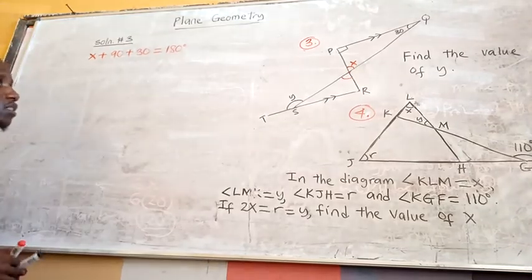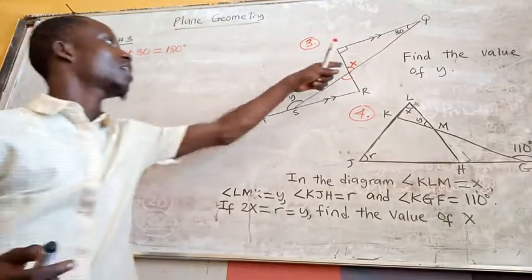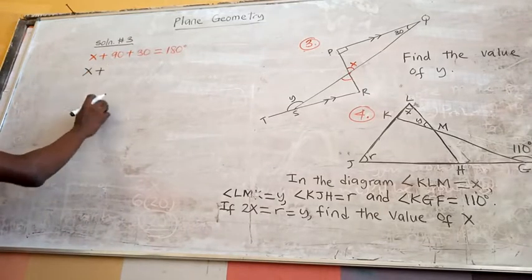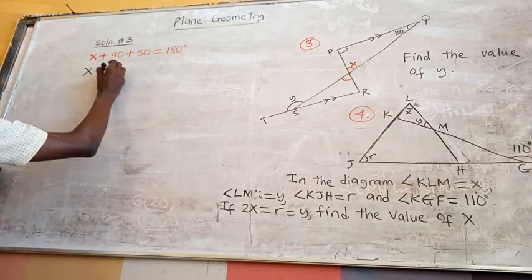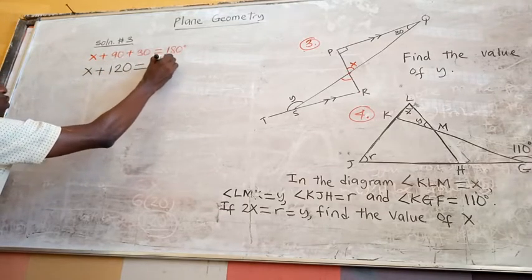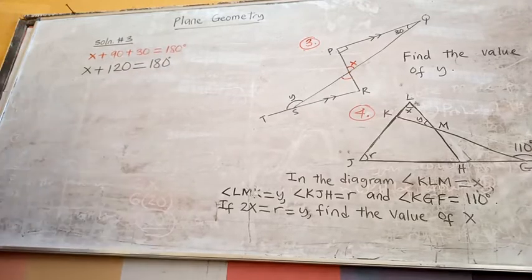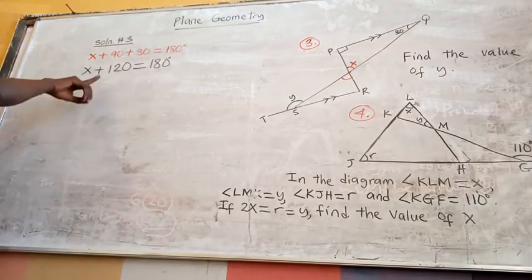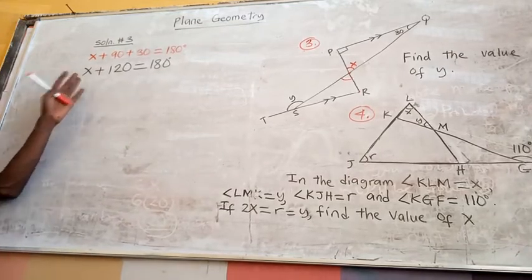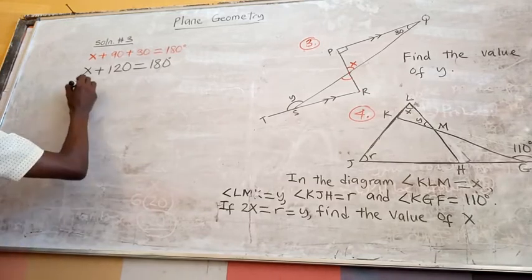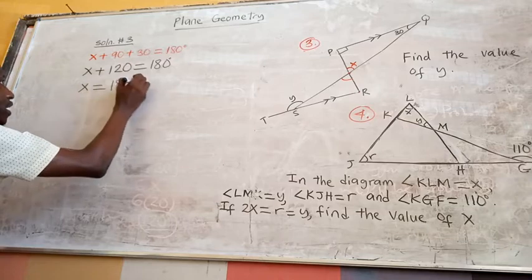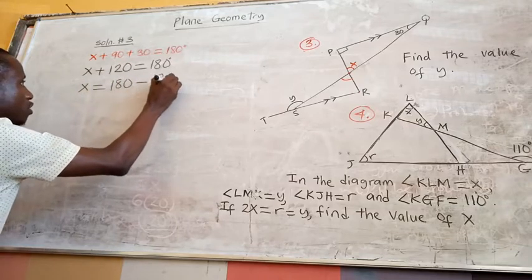Now we need to find the value of x here. So here we have x plus 90 plus 30, which gives us 120, equal to 180 degrees. We can clearly see that 120 will go across the equal sign, and the sign will change from positive to negative. So doing this, we have x equal to 180 minus 120.